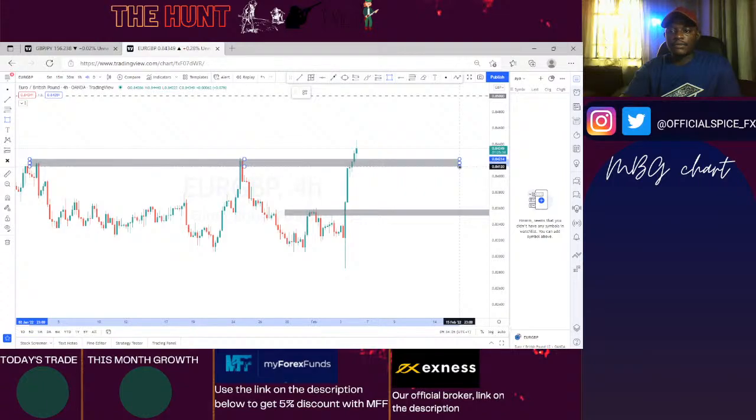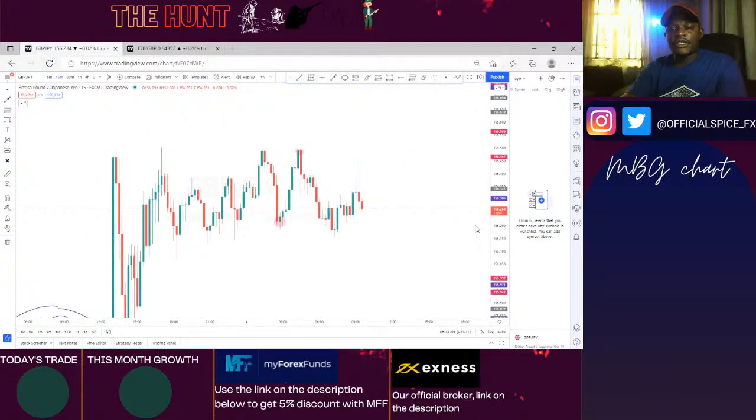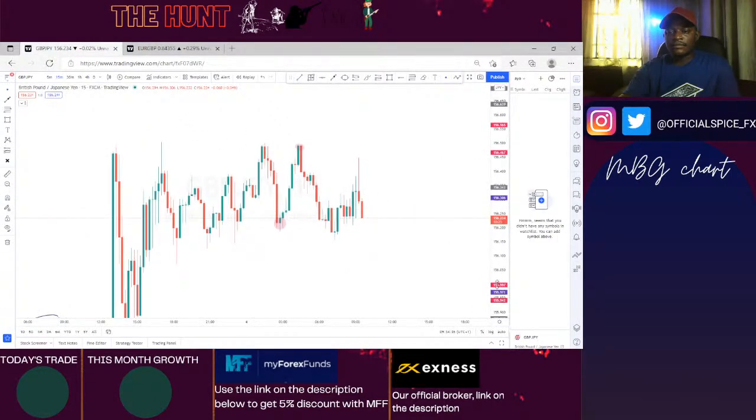Why is this thing leaving the chart? So that's why I told you guys that patience is key, right? If we had been in this trade, we'd probably already have lost it. Patience and following your strategy.